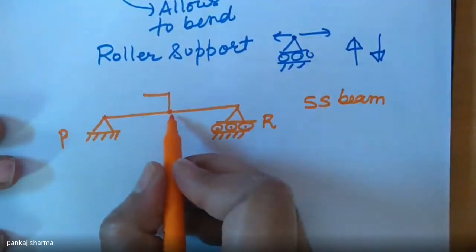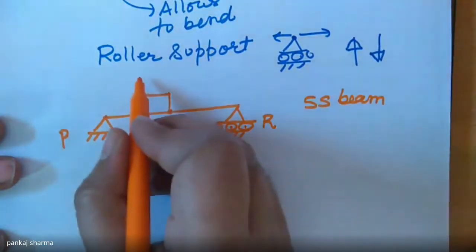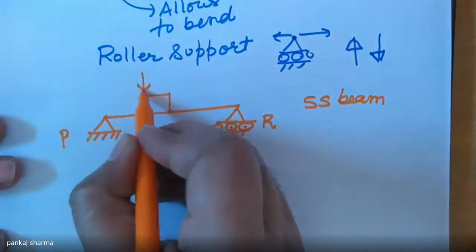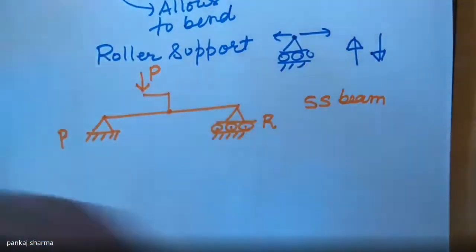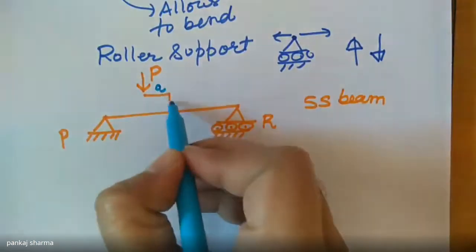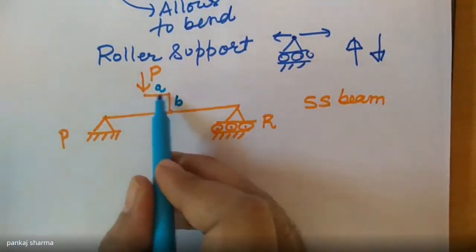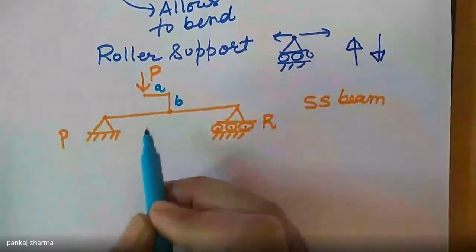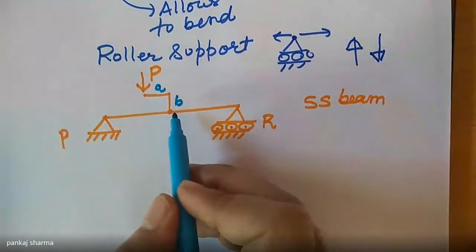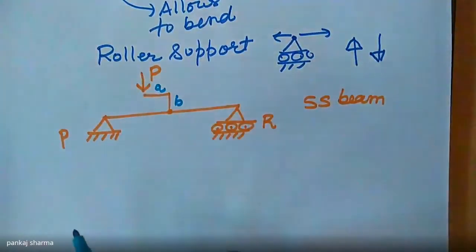And this beam is subjected to a load through a light stiff rod, and the load is here. The values of this are A and B. The effect of these connecting rods is negligible. Only the effect of P is taken into consideration.